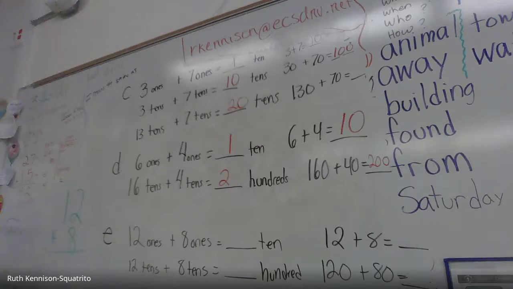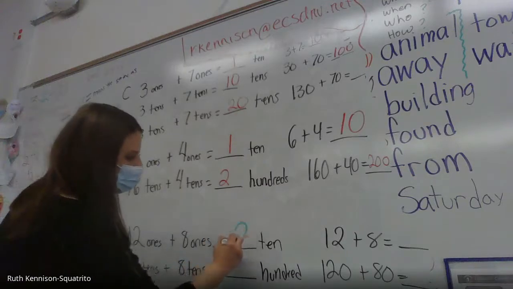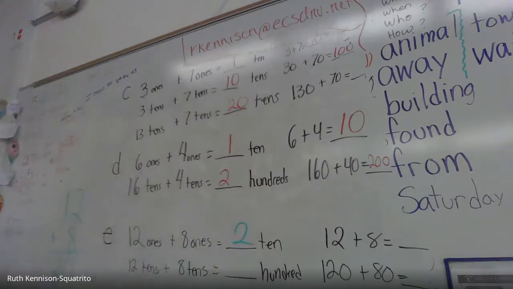There we go, 10. Right? So put a 0 there. Pop my 10 up top. 1 plus 1 is 2. 12 ones plus 8 ones equals how many groups of 10? 2 tens. Right? 2 groups of 10. Very good.